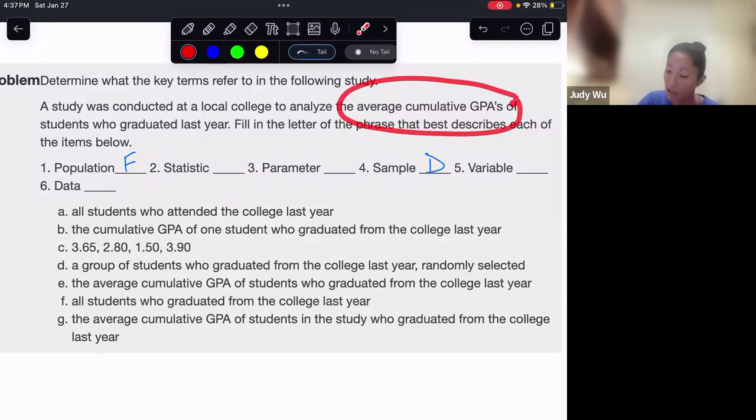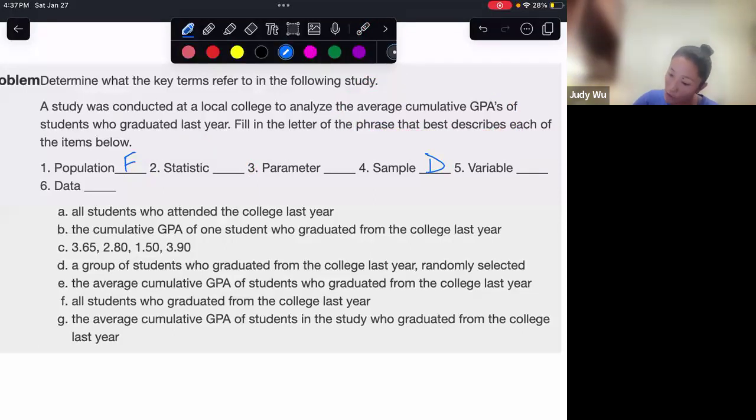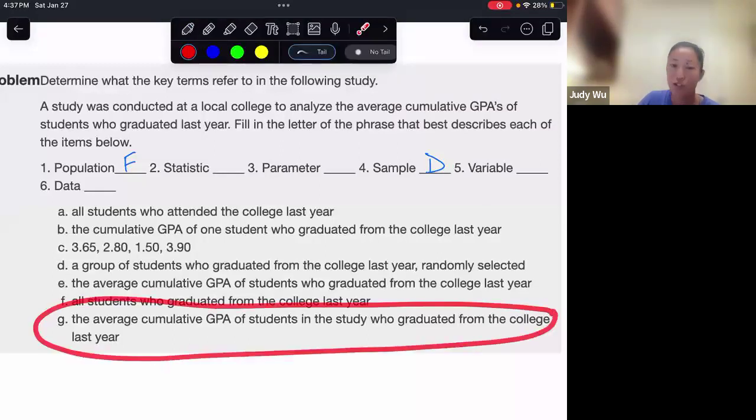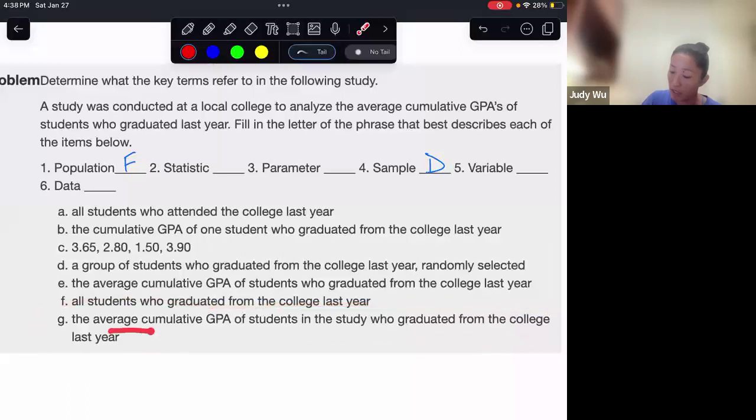If we scroll down our list, we see the average cumulative GPA of students in the study who graduated from college last year. That's a lot of words, but really what we're trying to study is that average cumulative GPA. So let's put a letter G there.